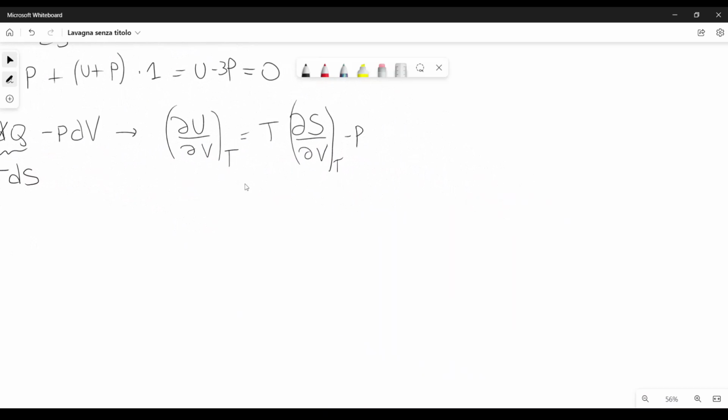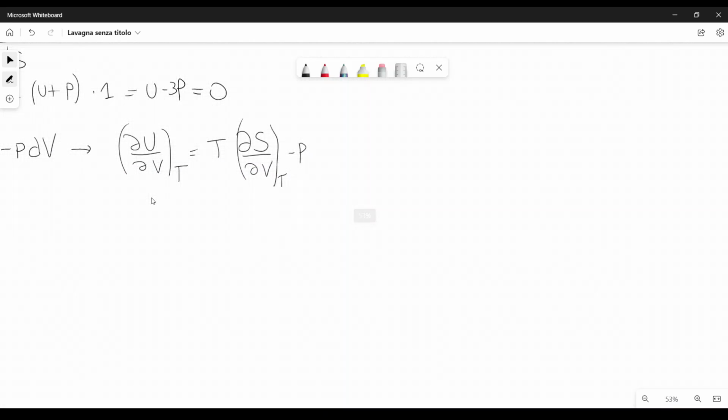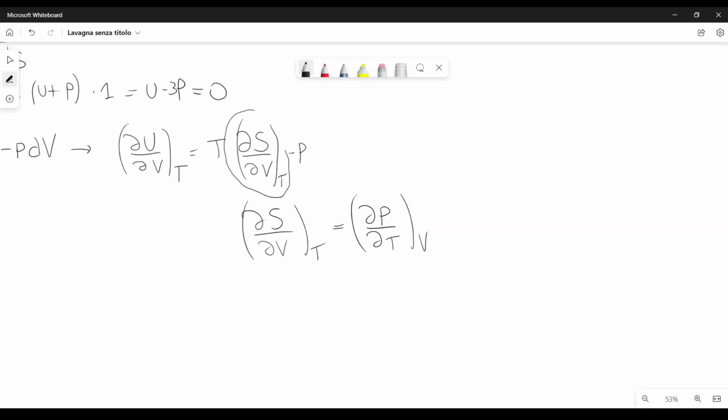Now, what we can prove from simple thermodynamics is that dS over dV at constant temperature is equal to the derivative of pressure with respect to temperature at constant volume. So we can find that this is equal to this, and this is what we are going to do now.